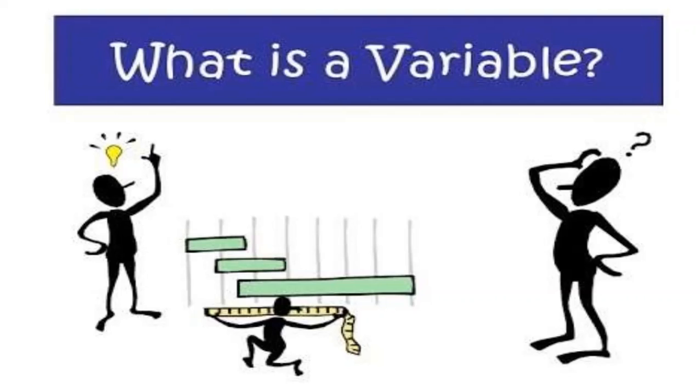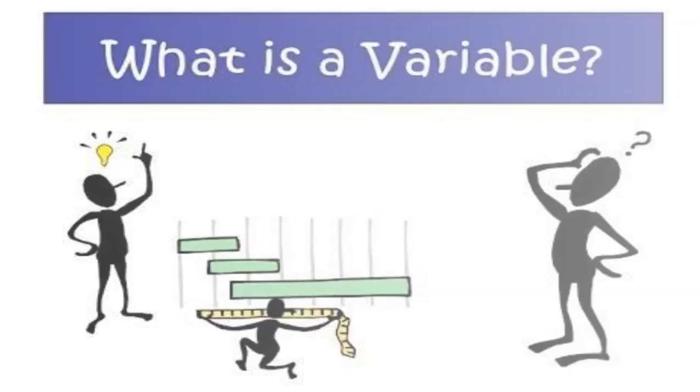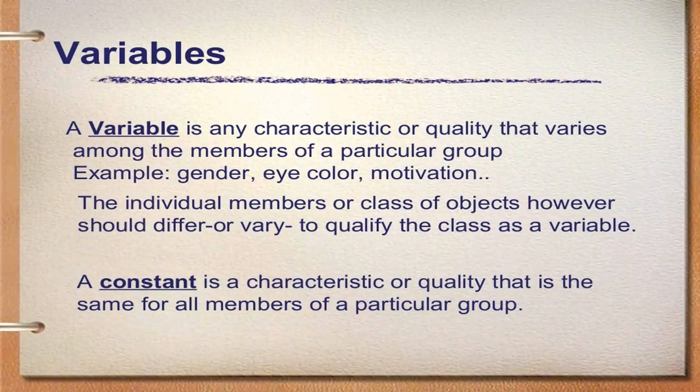So naturally, a variable may be defined as any characteristic or quality that varies among the members of a particular group. Example: gender, eye color, motivation. The individual members or class of objects should differ or vary to qualify the class as a variable.